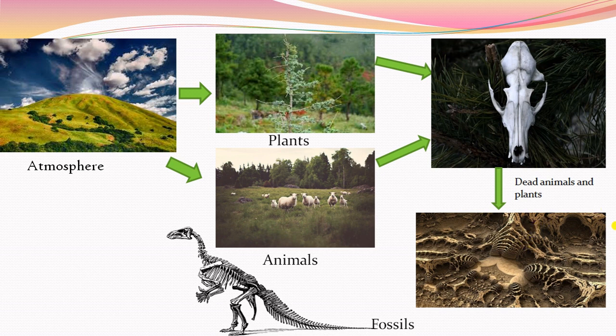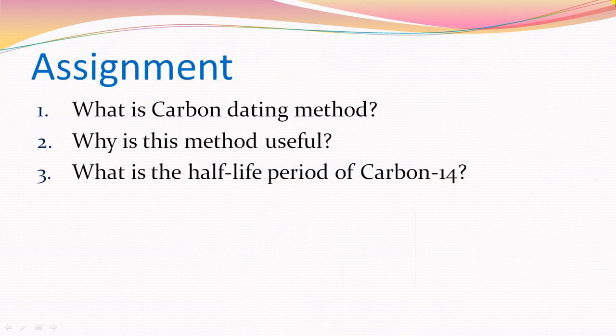So this is the topic about the carbon dating method. This carbon dating, or 14C isotope of carbon, is used to know the age as far back as 50,000 years.